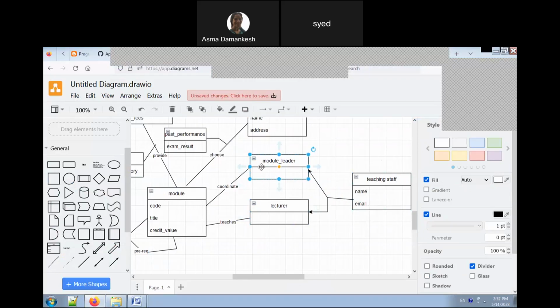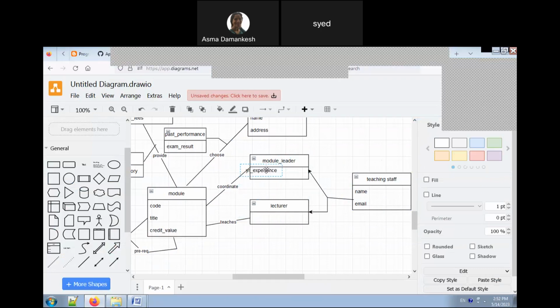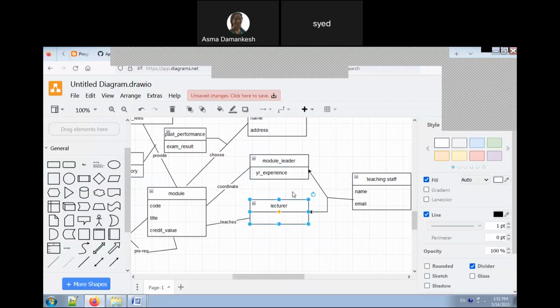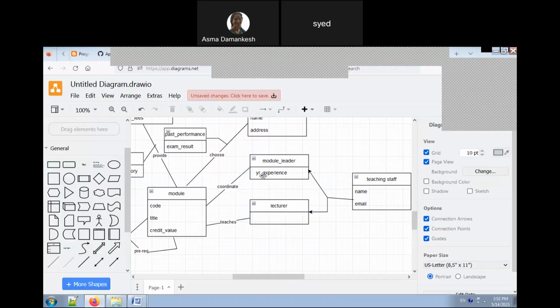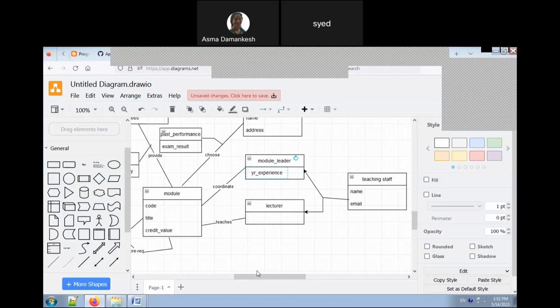So if module leader has years of experience, then you put it here. You put only the attribute that is not shared. You don't put the attribute that is shared. If the lecturer doesn't have anything unique, only the relation is unique. So the common attribute, you mention in the parent table. The specific attribute, you mention in the child, and then the specific relation.